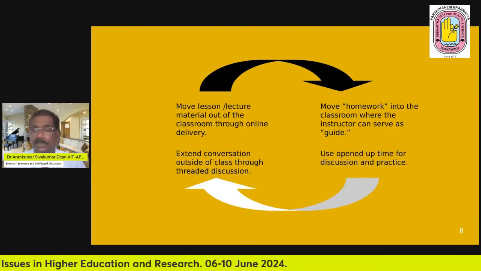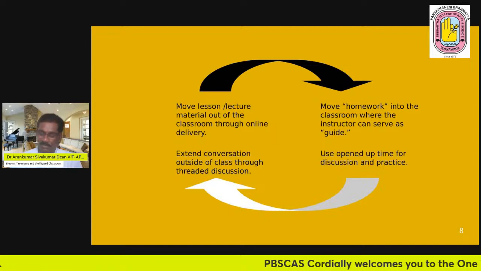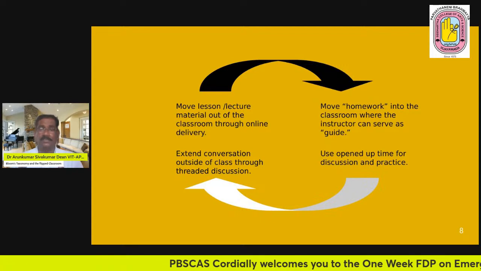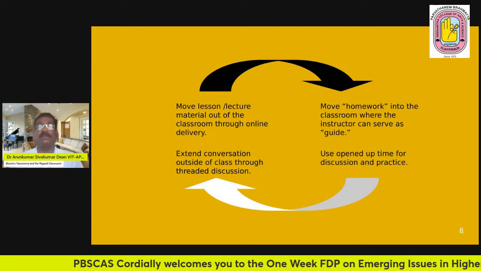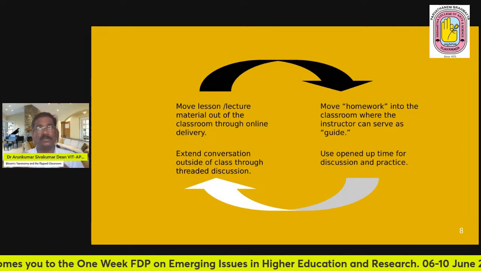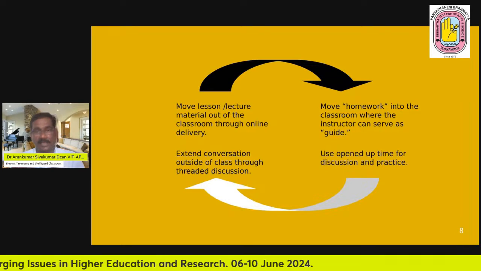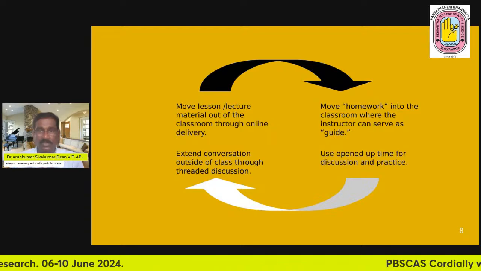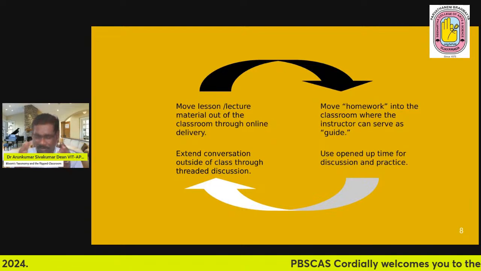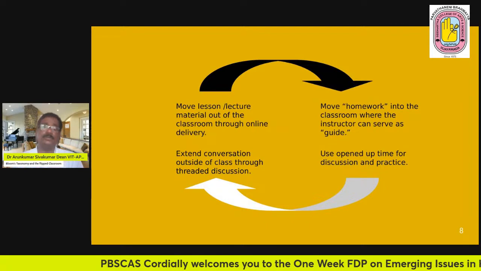Next, use the opened-up time for discussion and practice, and extend the conversation outside of the classroom. Maybe in my case, I want my students to learn about consumer behavior. All the deliberation happens in the classroom, then they go out to the hypermarket and do a lot of observation, try to evaluate, structure the learning, and create some new knowledge.